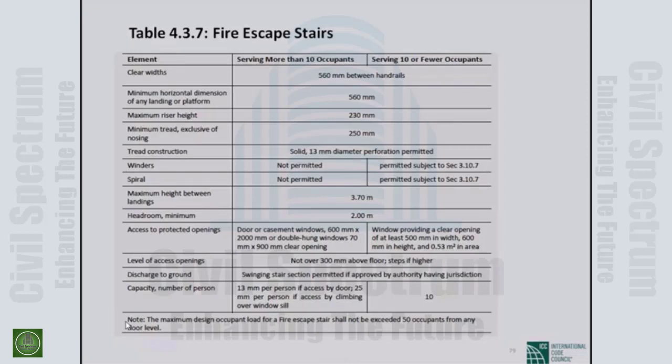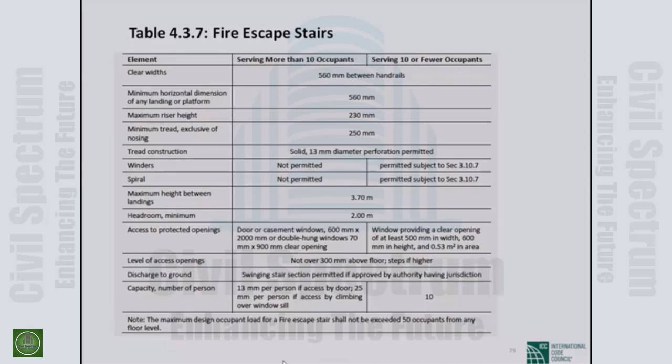So these data do not match, because if it is 50, for 500 people you need 10 stairs. If it cannot exceed 50, for 500 people you need 10 exits. But you have already written that for less than 500 you need 2 exits, less than 1000 you have 3 exits, more than 1000 you have 4 exits. This is the restriction already written in the BNBC.